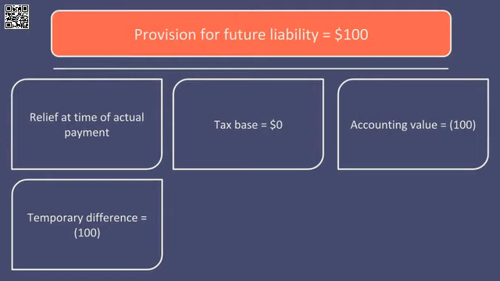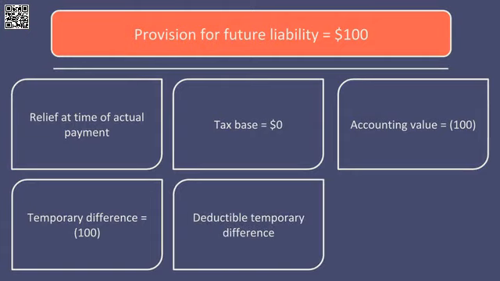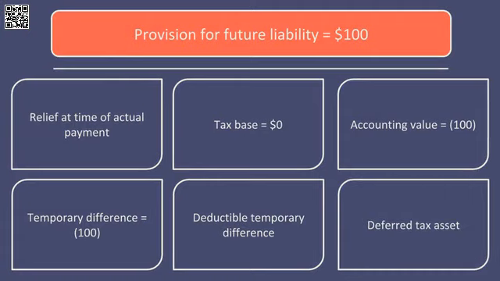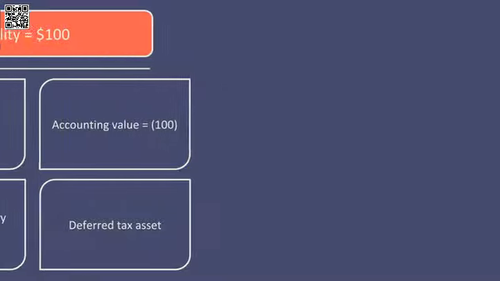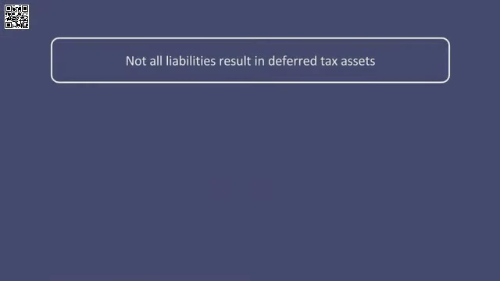This would give a temporary difference of negative 100, technically referred to as a deductible temporary difference, and we can see that it would of course reduce our future tax liability and therefore act as a deferred tax asset. We must of course be careful not to assume that all liabilities result in deferred tax assets.